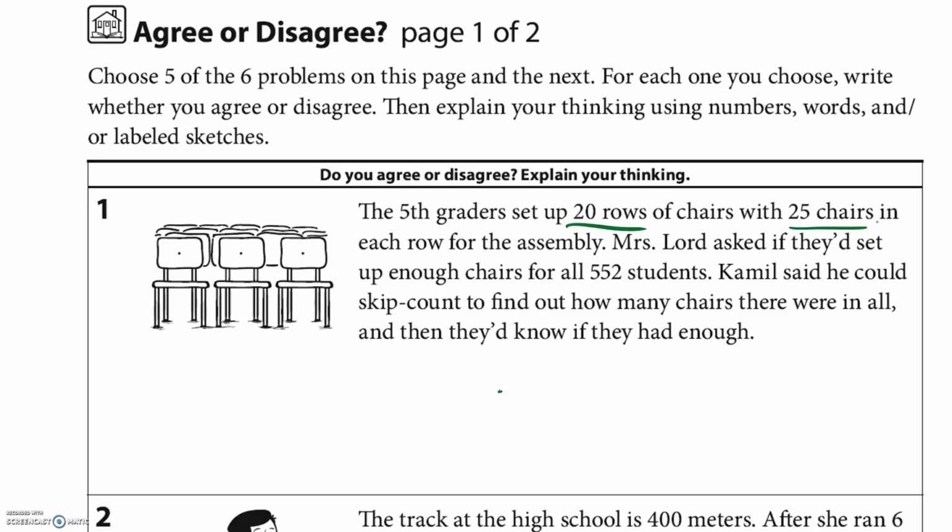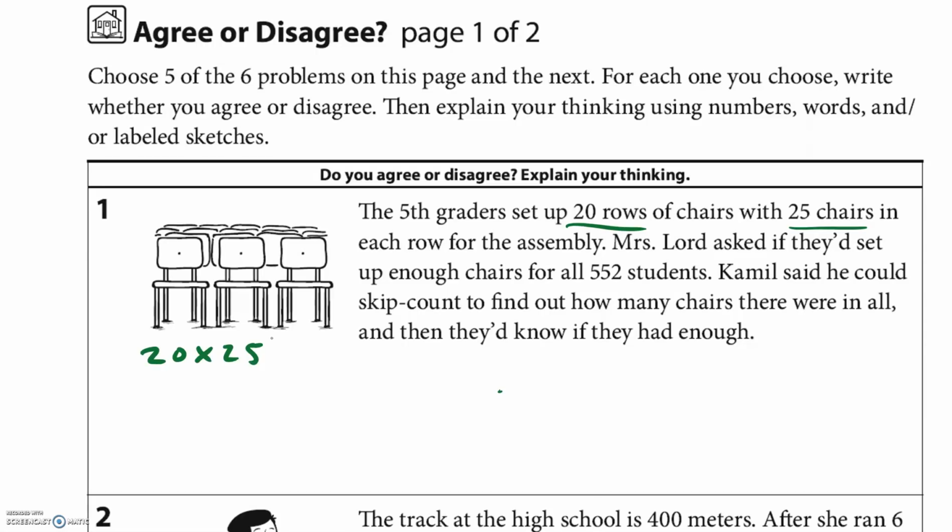So skip count. You could skip count a couple different ways. You could skip count by 20s. You could also skip count by 25s, because ultimately we want to know what 20 times 25 is, right? So I might skip count by 25s.